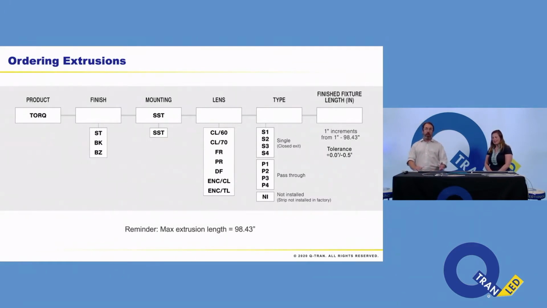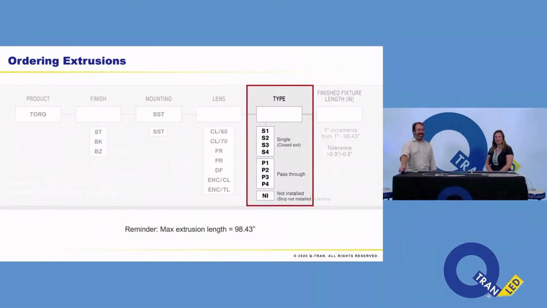So torque is the product itself, and the option for this is either satin, black, or bronze. A mounting option is a single stainless steel option for this extrusion. You've got your lens choices, and then your type, which we're going to talk about here, followed by the length of the extrusion itself. So let's take a little closer look at those S's, P's, and other types.